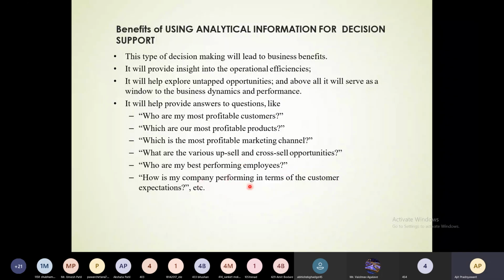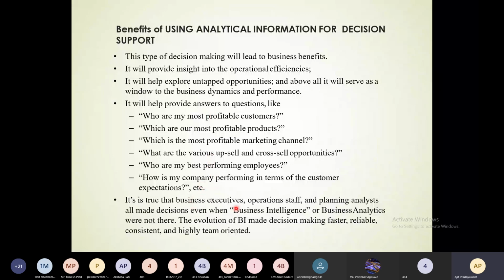And how is my company performing in terms of customer expectations, etc. Such questions will be answered with the help of analytical information for decision support. These are very important questions from a business point of view for any organization. And with the help of this analytical information, the executives, managers or leaders can take decisions.